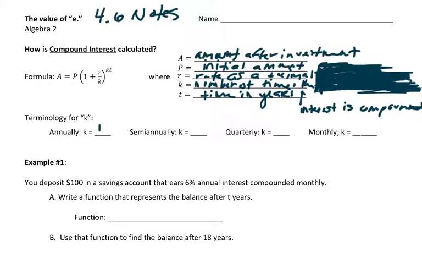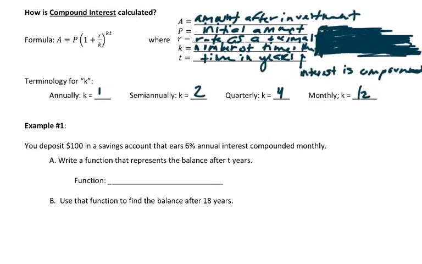Semi-annually just means twice a year. So compounded semi-annually would be a 2 for K. Compounded quarterly is going to be a 4, 4 quarters in a dollar. And then monthly is going to be 12. They might do daily as well, which would be 365. So there are a lot of options for that.